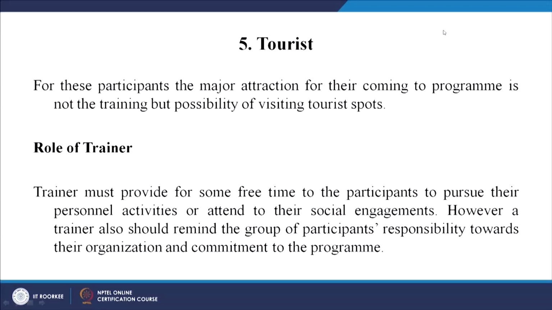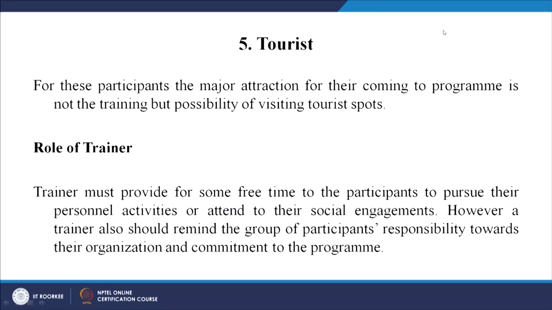Now, the tourists. For these participants, the major attraction for coming to the program is not the training, but the possibility of visiting tourist spots. If it is in Mussoorie, let us go to Mussoorie. If it is in Shimla, let us go to the training program in Shimla, and we will enjoy Shimla. So, they will go to these places, and then what will be the role of a trainer?